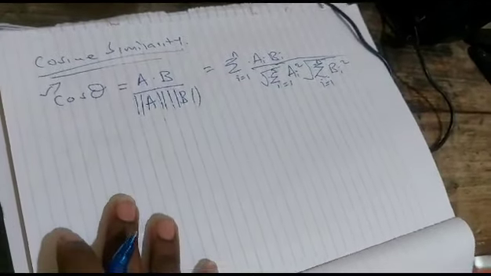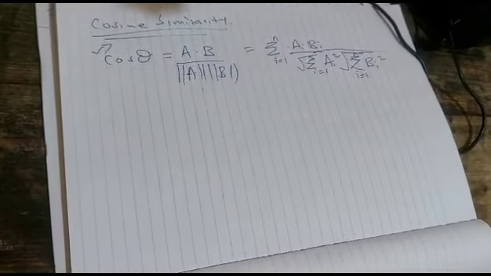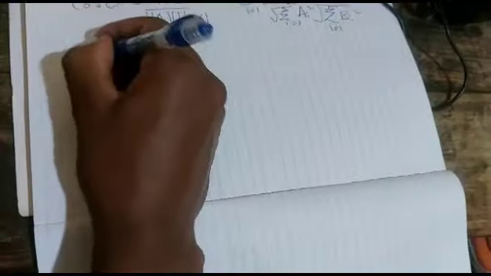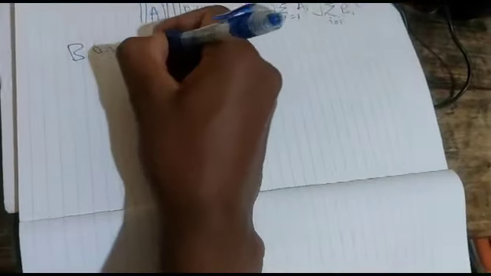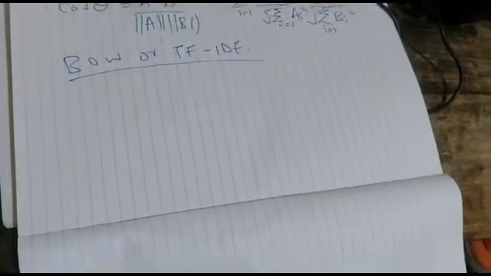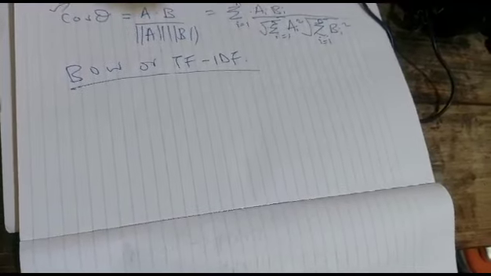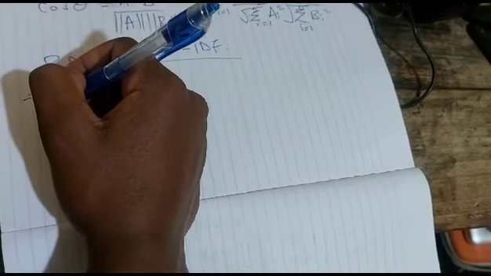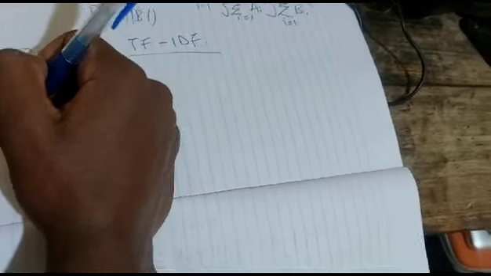So with cosine similarity, we need to convert sentences into vectors, by using maybe the bag of words or TF-IDF. TF-IDF is term frequency and inverse document frequency. I can say that term frequency is good for text similarity in general, so we'll be using term frequency.